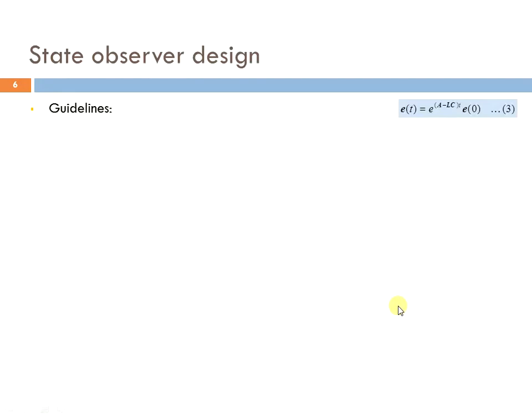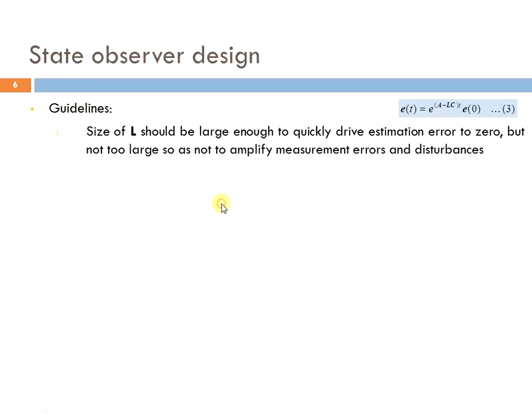Now we can consider a few guidelines to guide us in the choice of the gain values for our observer matrix. We remember that the system we are working with is the error trajectory defined by equation 3. The first guideline is that we want to minimize this error, and not only that, but we also want to minimize it as quickly as possible.